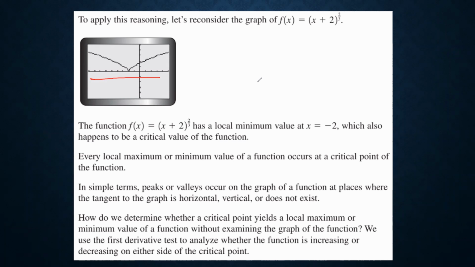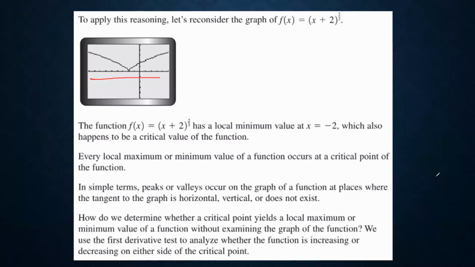Every local maximum or minimum value of a function occurs at a critical point of the function. In simple terms, peaks or valleys occur on the graph of a function at places where the tangent to the graph is horizontal, vertical, or doesn't exist.